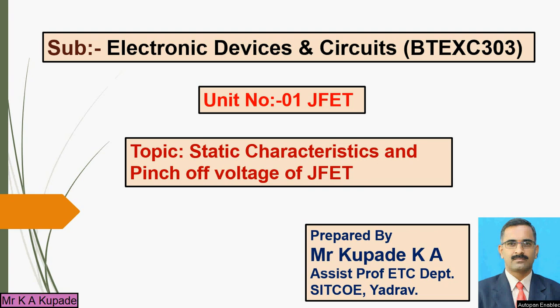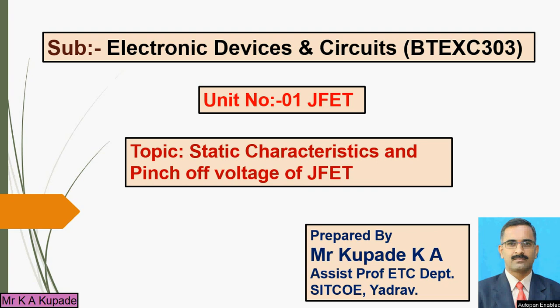And if you are considering a P type semiconductor bar, then you diffuse the N type substrate on the side of this P type semiconductor to form a gate region as well as the PN junction. This kind of JFET is called the P type or P channel JFET.